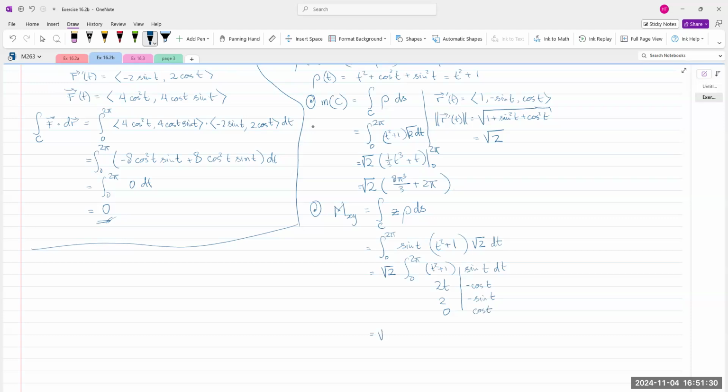So this will be square root of 2 bracket negative t squared plus 1 cosine t plus 2t sine t plus 2 cosine t from 0 to 2 pi.